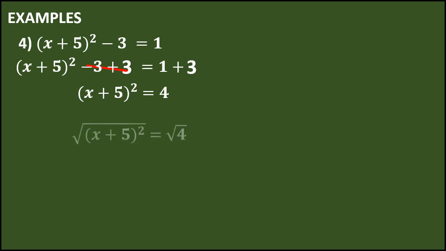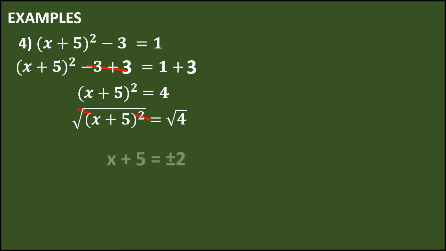After that, using the square root property, square root both sides of the equation. We have the square root of quantity x plus 5 quantity squared equals the square root of 4. We can now cancel the exponent 2 and the radical sign. It will become x plus 5 is equal to positive and negative 2. Again, we have to place 5 on the right side of the equation so that we can get the value of x.